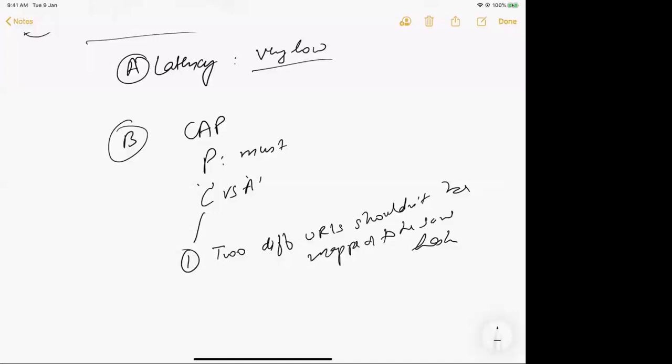Does it make sense to everybody? Here, consistency would definitely mean this for sure. Does consistency mean anything else as well here?